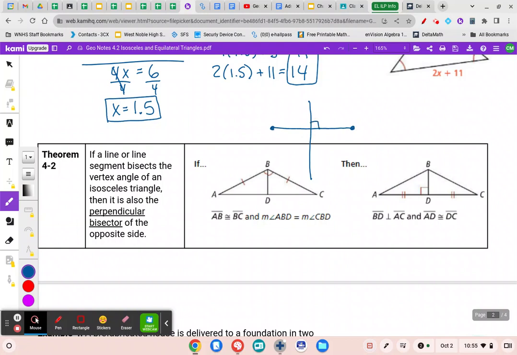That is the perpendicular part. We've been talking about that. And it is the midpoint between 2 points, okay? So these 2 segments have to be congruent. That's the bisector, cut in half. And then perpendicular means it's 90.